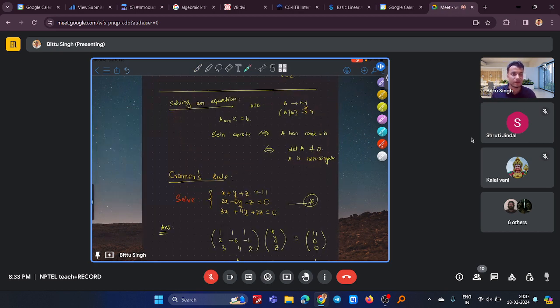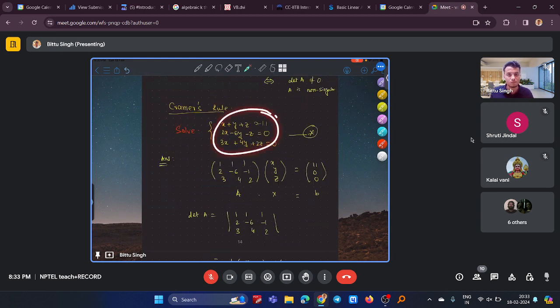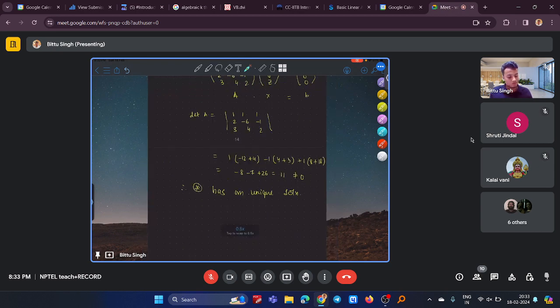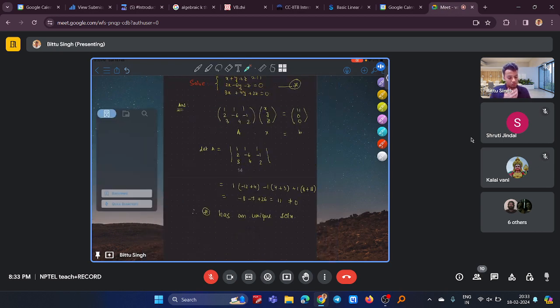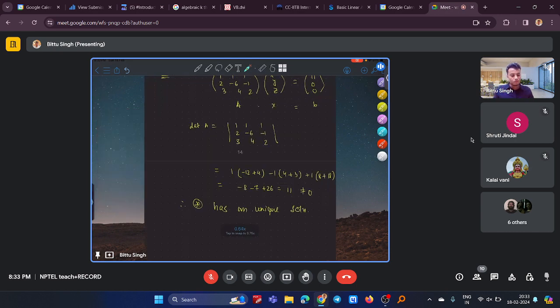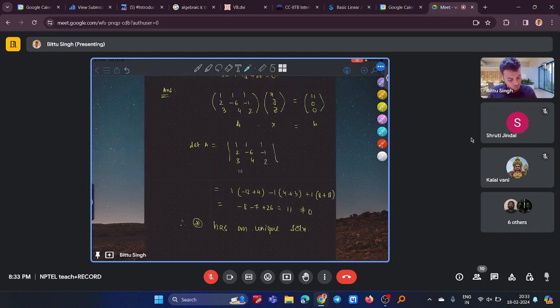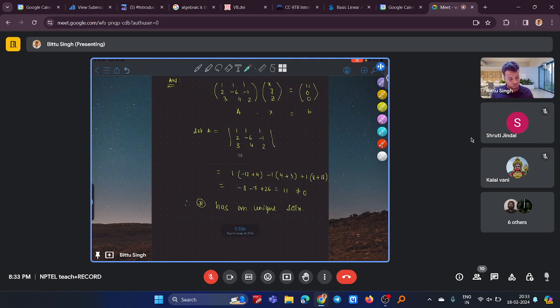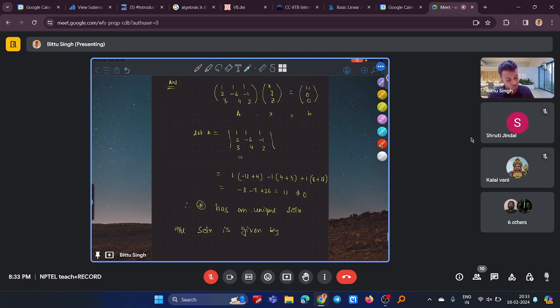So the system has a unique solution if and only if the determinant of this A is non-zero. Now Cramer's rule says to solve this system, we just do those types of things. The solution is given by: replace the first column here.